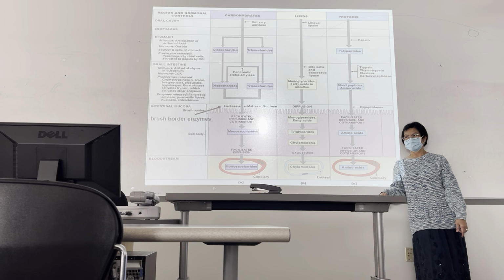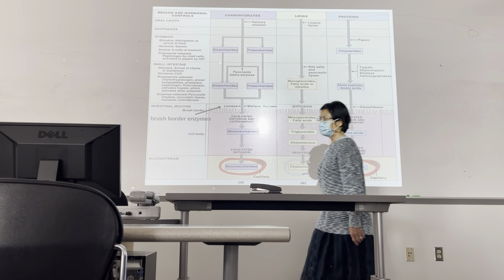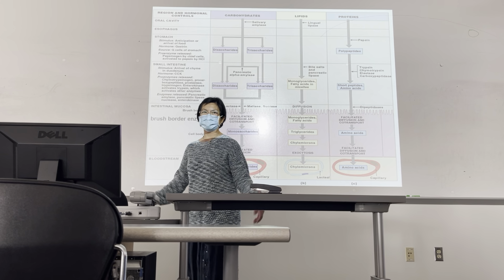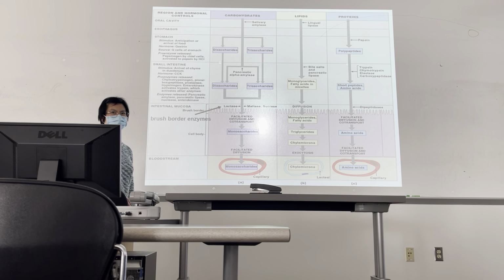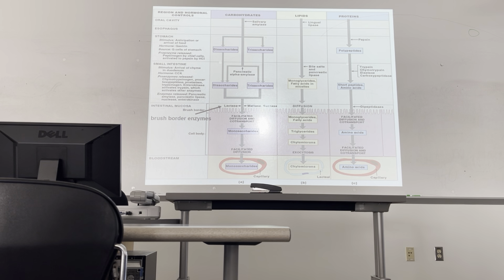I like this slide because it just summarizes everything I've been talking about for the past 2 days. See? There's the food, carbs, lipids, proteins. And then it's telling you the carbs, I digest it in the mouth and then in the small intestine. Because I see the amylase there, I see the amylase here.